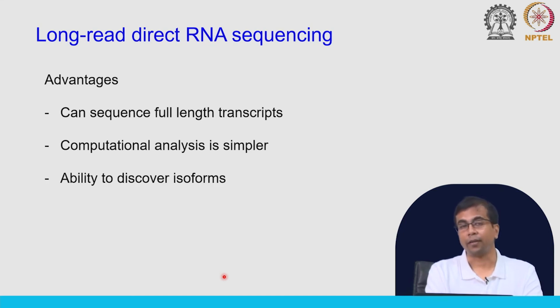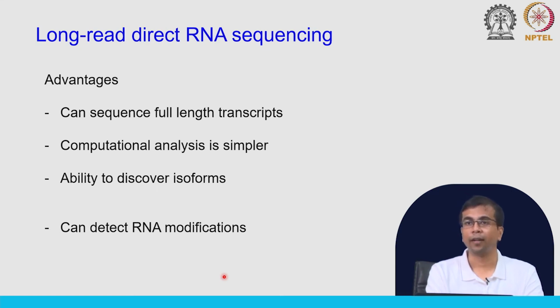In addition, it can detect some of the RNA modifications. Okay. Because it is directly sequencing RNA, any chemical modification on the RNA will change the current signal. Okay. And so, this information can also be collected during RNA sequencing. Okay. So, this is the advantage of direct sequencing.